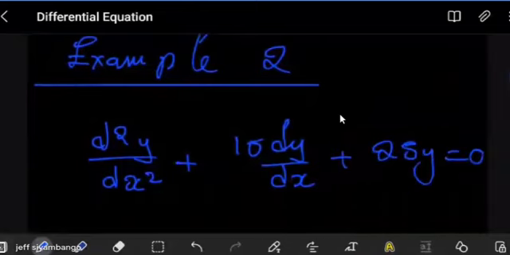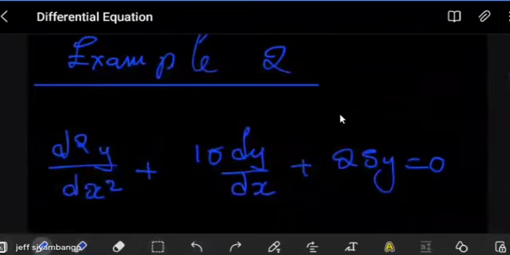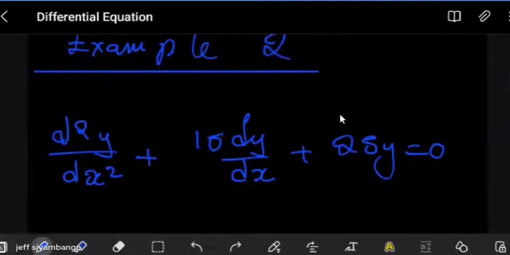Again, when you look at this, it does fit the profile as we described earlier. The right-hand side is 0, and every term here has a y in one way or the other, either being differentiated or just on its own.